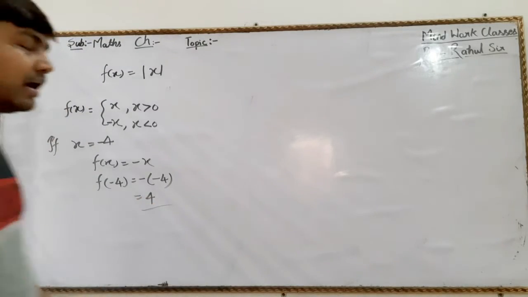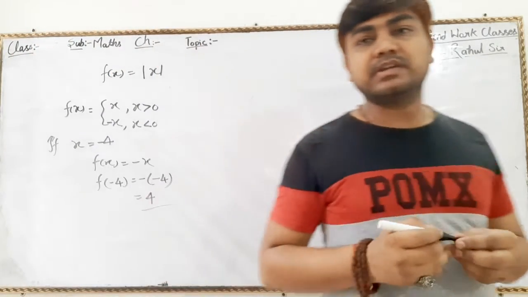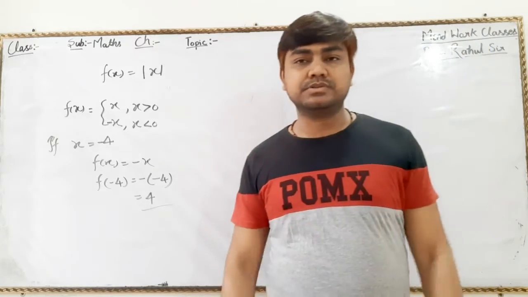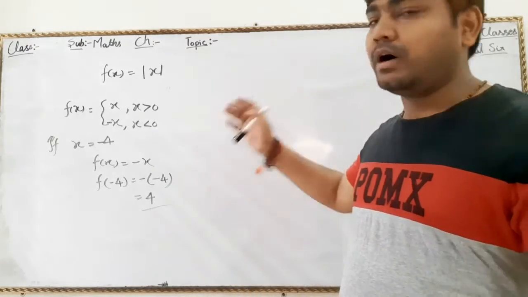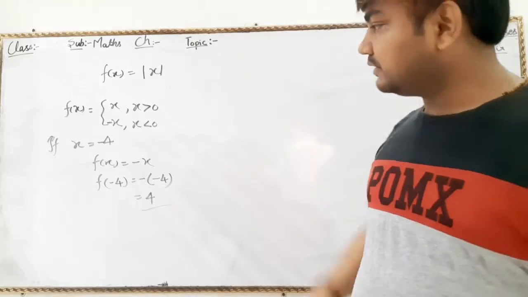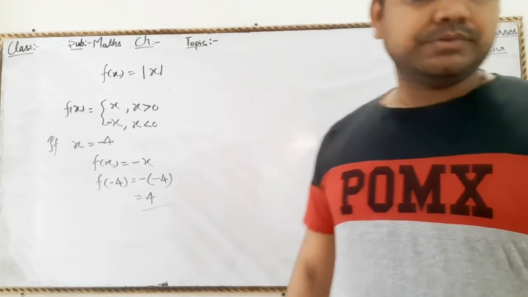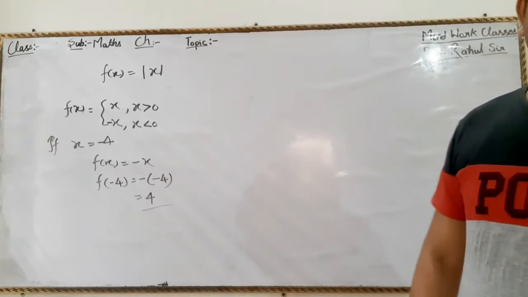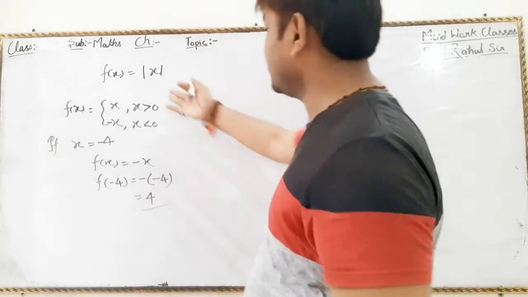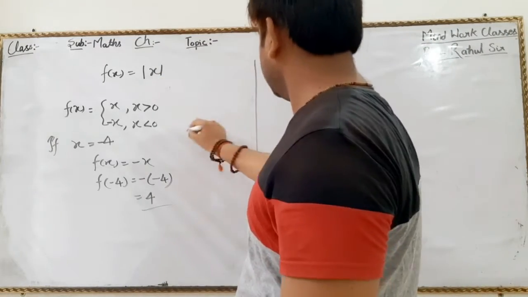This is how the modulus function always gives you a positive number. This also applies to each type of modulus function. So this is a modulus function. The diagram for mod x is given to us like this.